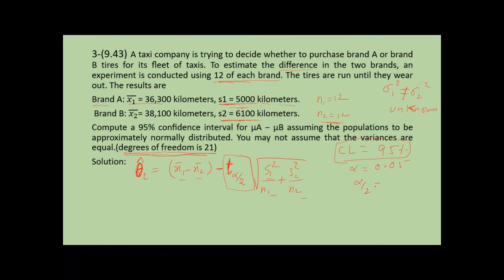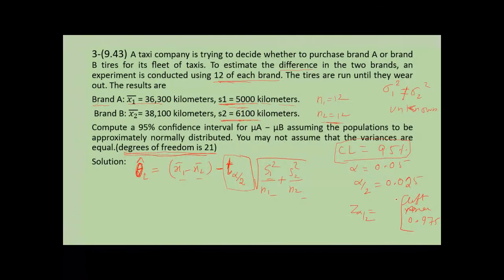Alpha over 2 is 0.025, isn't it? For again the right side, the left area will be 0.975, isn't it? So Z alpha by 2 value should be based on the left side area.